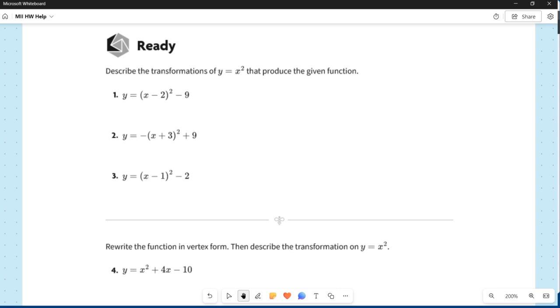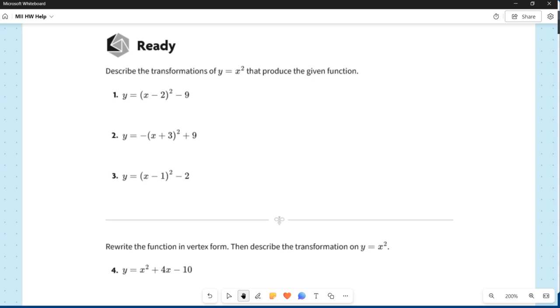And then plus 9, that's another modification. So basically three things have happened to the parent function y equals x squared that have resulted in this new quadratic that will form a parabola, but it's going to look like a different parabola than the parent function. So the order matters here.